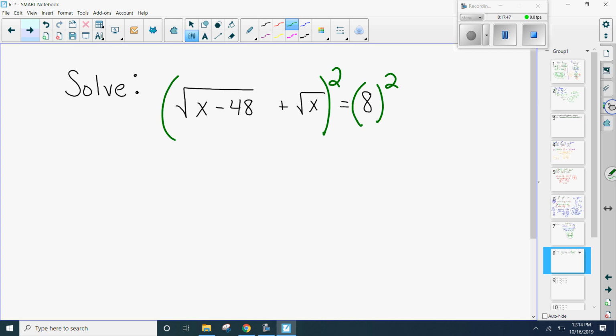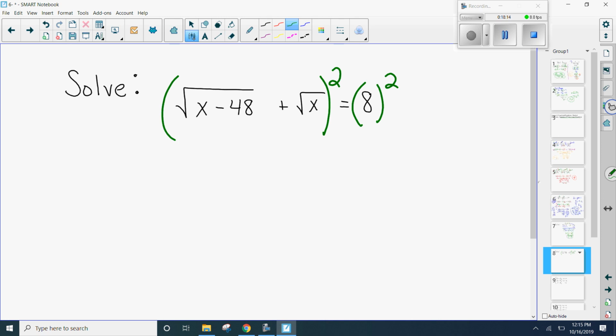What happens if you square the left-hand side? Does it just leave you with something like this? It does not. That's where people make the mistake. And I caution you about doing that as a procedure.